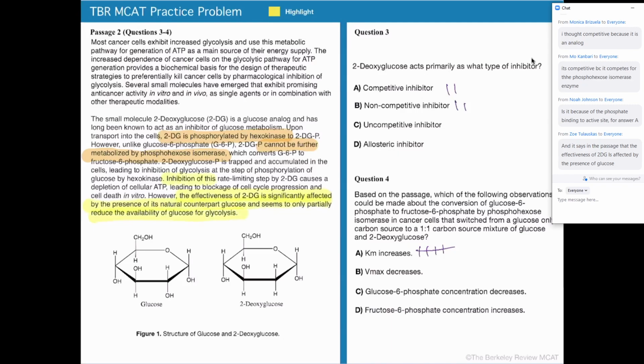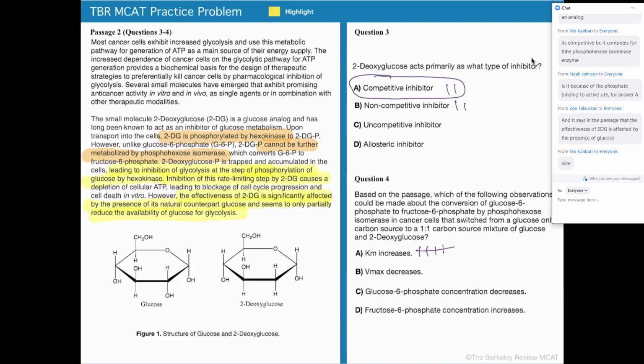And the inhibition of this rate limiting step by 2DG, leading to inhibition of glycolysis at the step of phosphorylation of glucose by hexokinase. Okay. So I'm going to argue that 2DG acts as a competitive inhibitor. The answer is A, by inhibiting hexokinase, right?